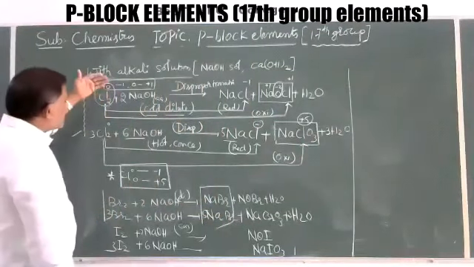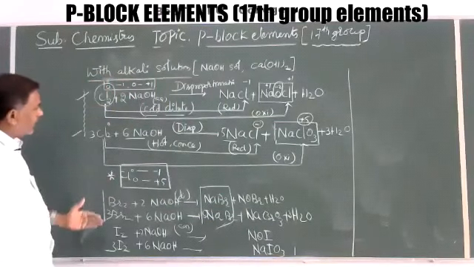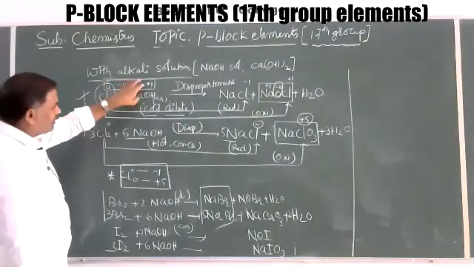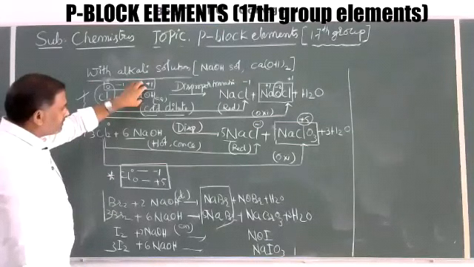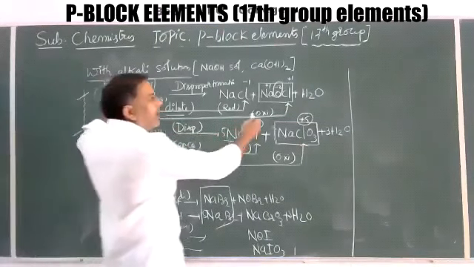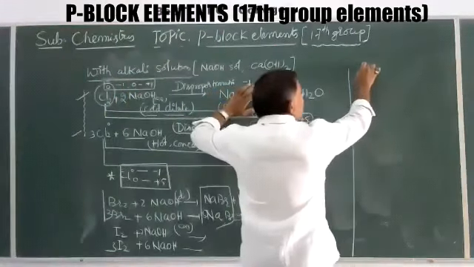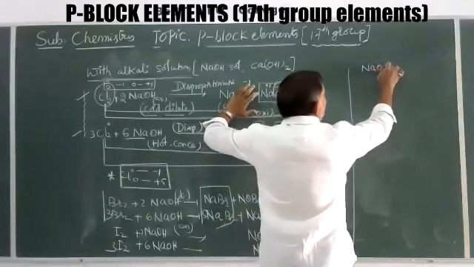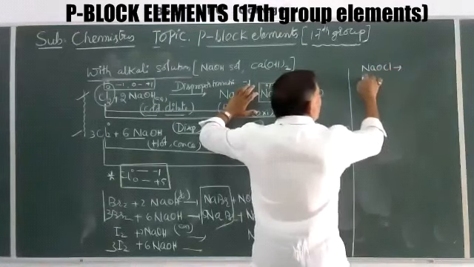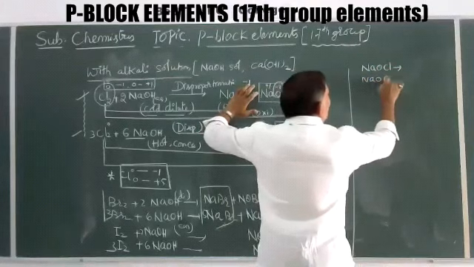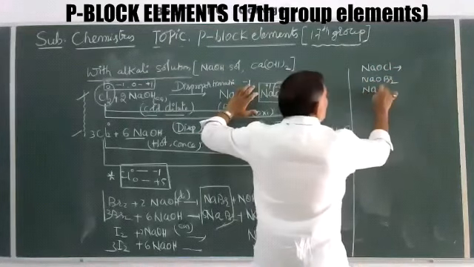So in case of chlorine, bromine and iodine, when they react with alkali solution under dilute condition, it gives NaOCl or NaOBr or NaOI.